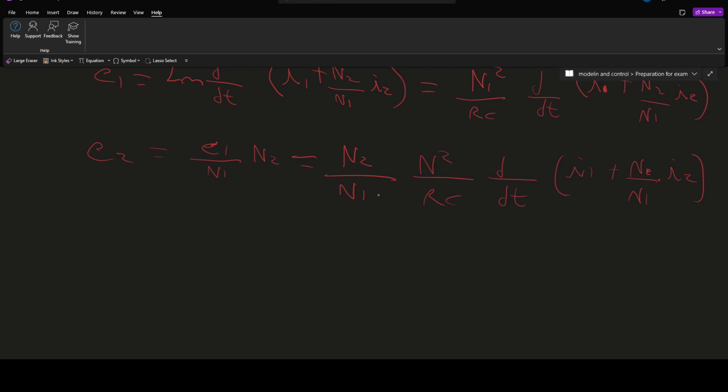So we can do some manipulation and we are gonna have that. Here we have N2, this is N1 squared, okay? So N2 times N1, because we just take one of this, and we divide this by Rc, this one here. And we put the rest inside the derivative.